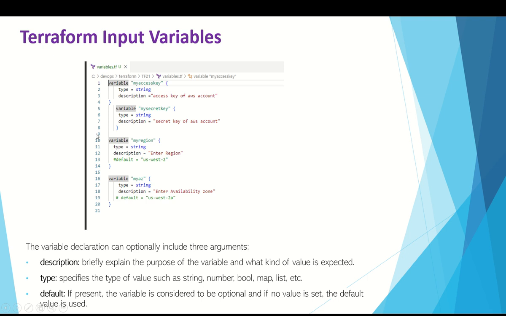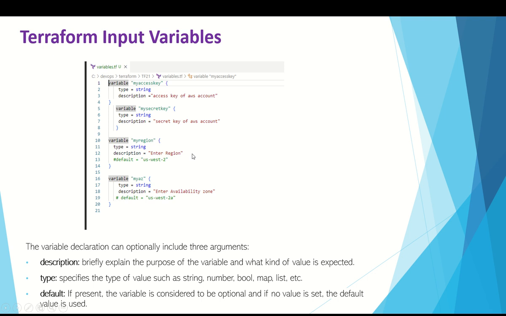That is the reason we can declare a variable here, and even if you share the code with somebody else, whenever they execute the code, it will ask for the access key and secret key, and they will enter it and it will connect to their environment.